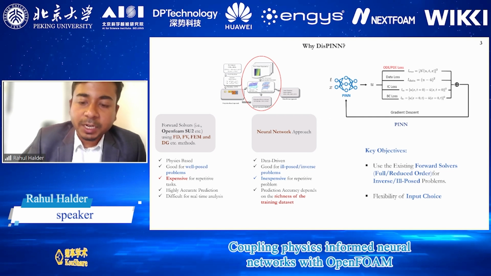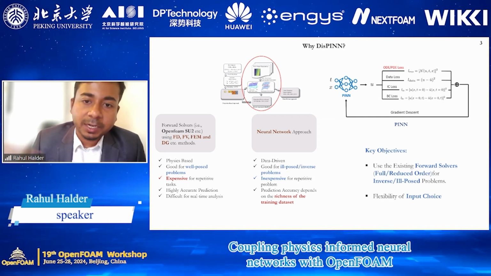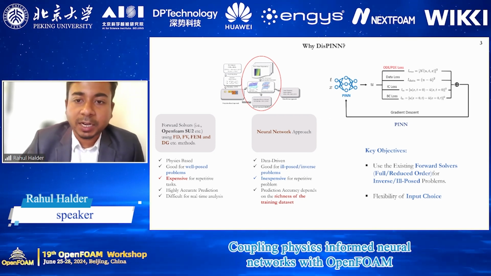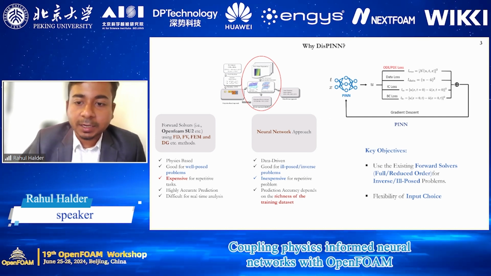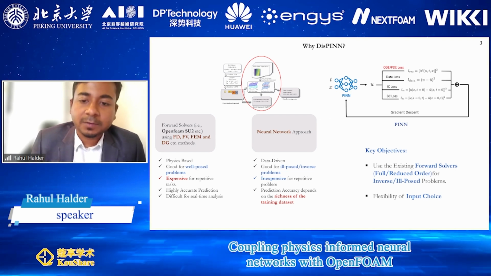Now our objective is that, instead of computing those spatial and temporal derivatives of U with respect to T and X by automatic differentiation, we can get them from any forward solver that we have. That's the straightforward objective.